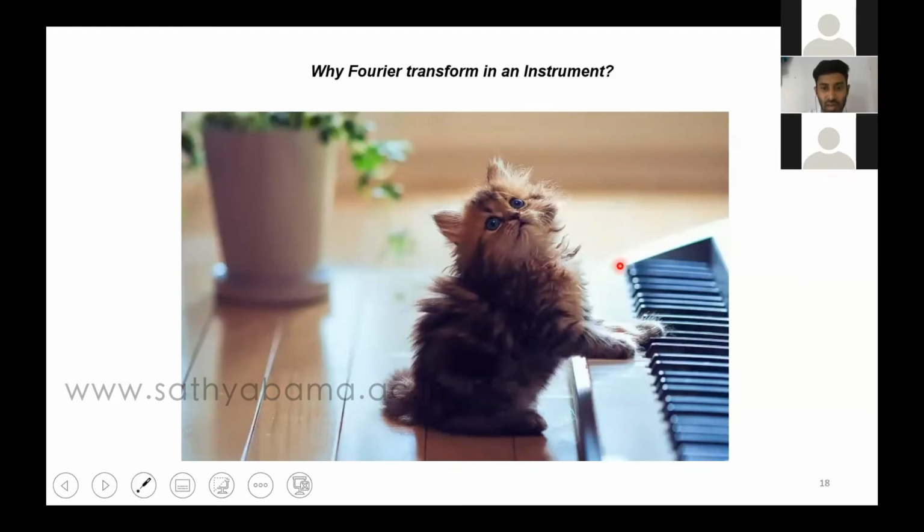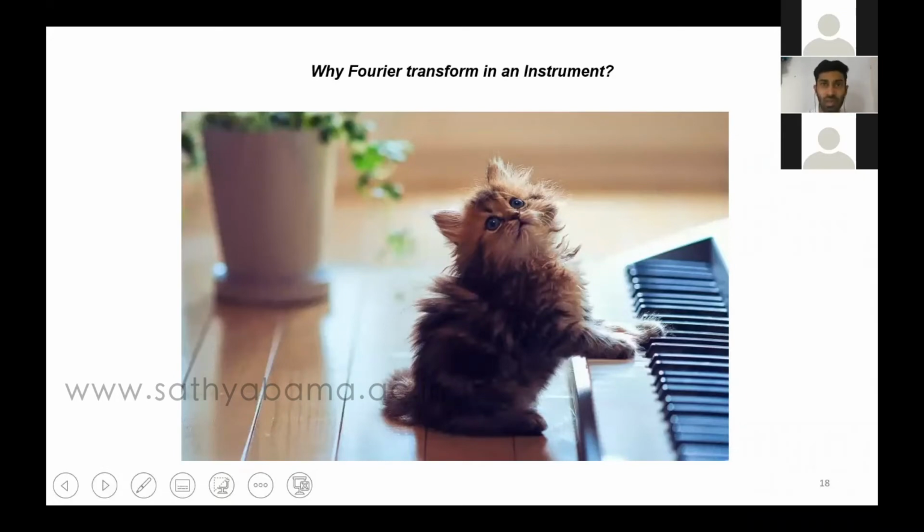If you press this key, you will hear a different sound compared with this key. So each and every key produces a different frequency, which is unique to the key itself. The same way, if you press all the keys at a single time, you will hear a bang, but it has all the frequencies.